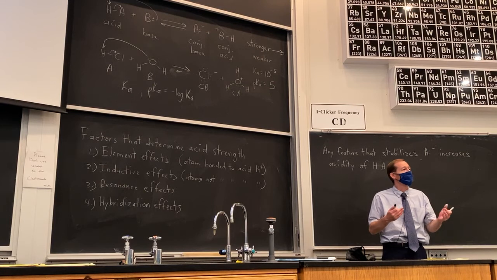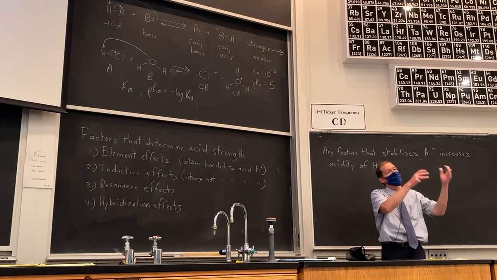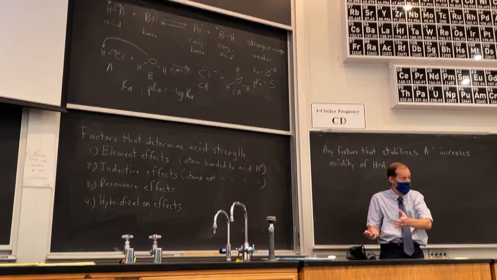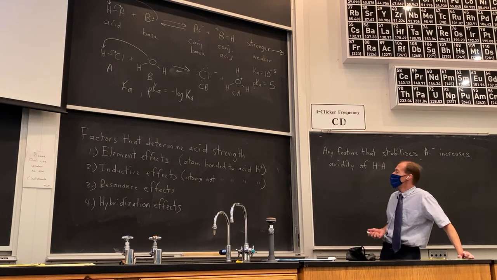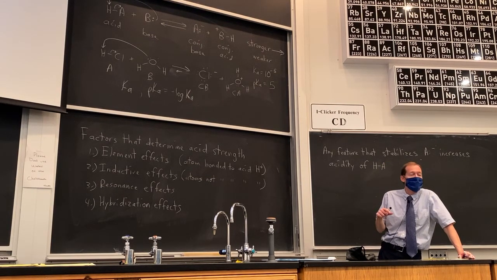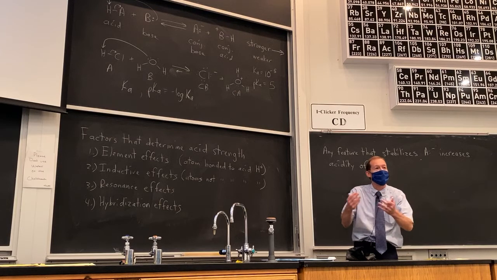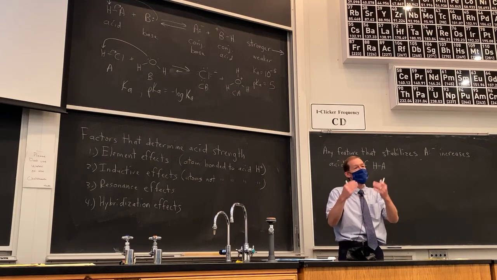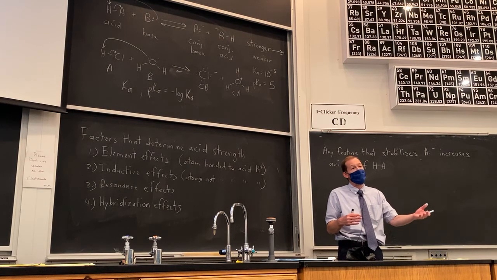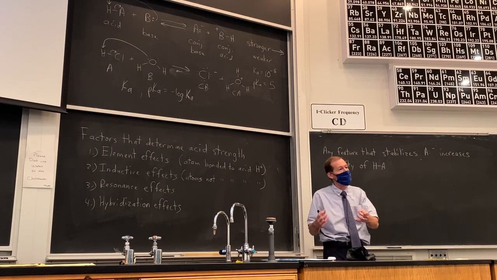Because the way equilibria work is we convert higher energy species into lower energy species. So if we can make our conjugate base more stable, that would increase the acidity of that specific acid. Or if we're comparing two different acids, the one that has the more stable conjugate base would be the stronger acid, because more of that conjugate base would form at equilibrium.